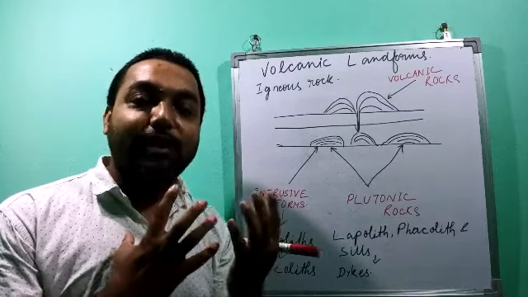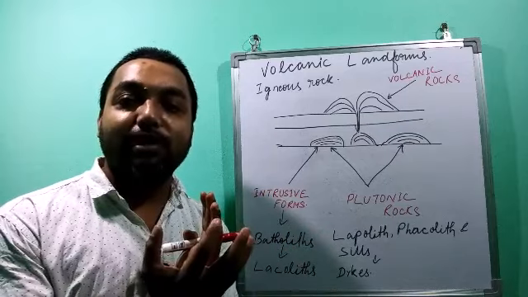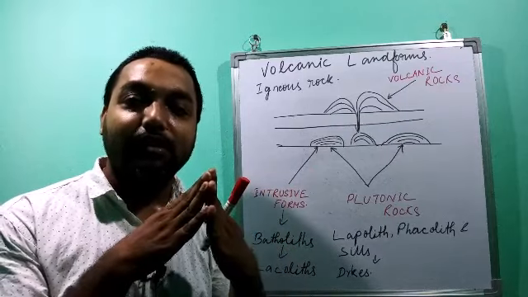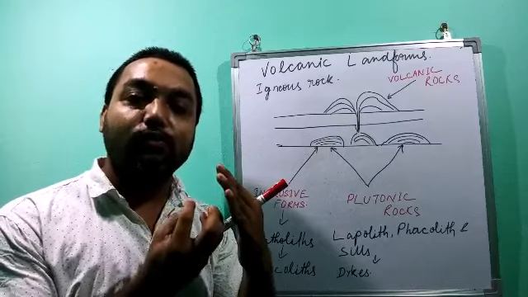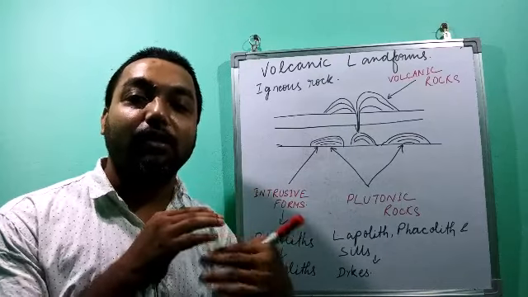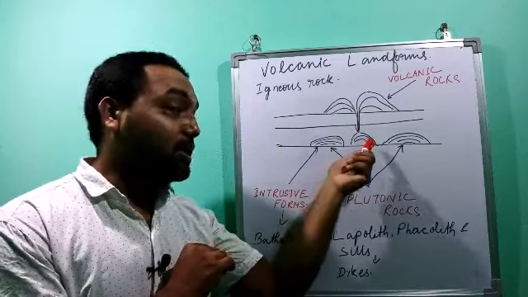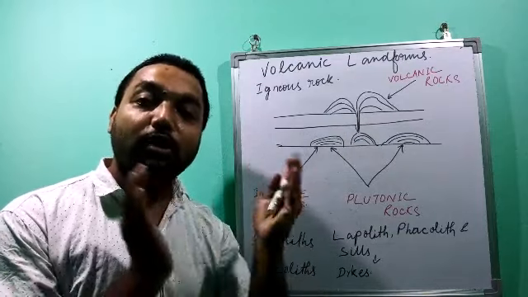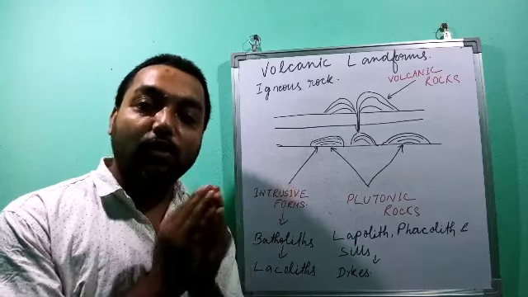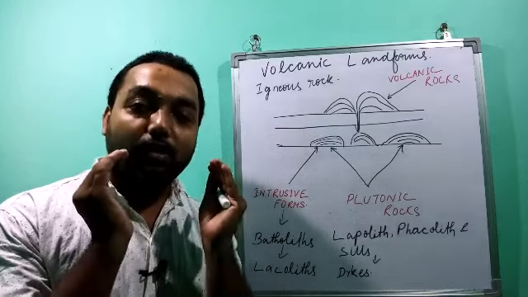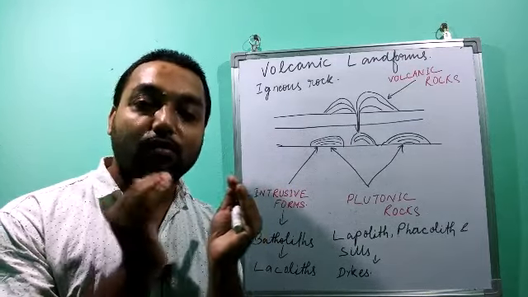So it takes the form of that space only. If it is a space in the shape of a triangle, it will take the shape of a triangle. If it is the shape of a circle, it will take the shape of a circle, because it was in a molten state. Slowly it cooled down and became solid, taking the shape of the particular area where it cooled down.